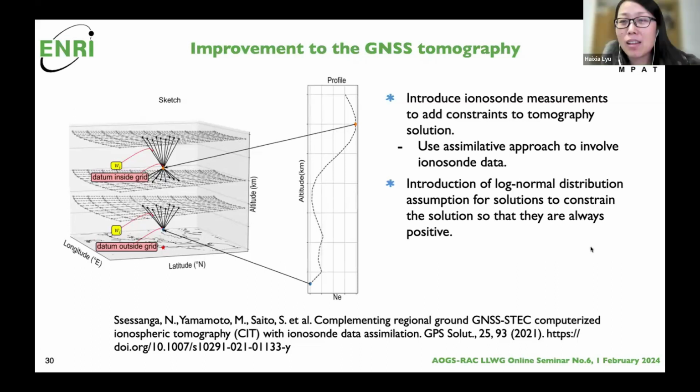Yes. If we plot the IPP, they are not so dense with a single constellation. And also the satellite orbit, especially by using GPS, the satellite positions are repeated almost every day, just with a shift of minutes.